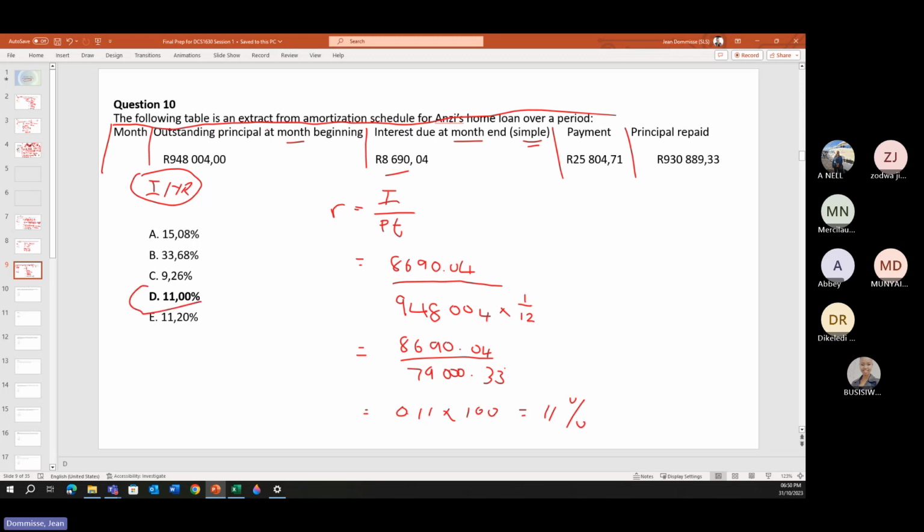In this one, it's not difficult, but there's a lot of information hidden in that table. They tell you it's simple interest in there. They tell you beginning of a month, end of a month, so that you know your period is only 1 month that you're working with.